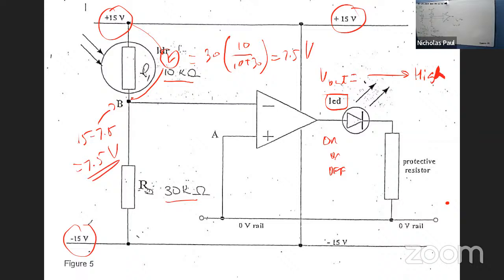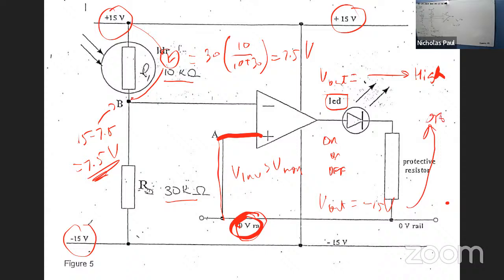So 7.5 is more than 0. So V inverting is more than V non-inverting, which is connected to 0. Therefore, the output will be negative 15 volts, which will turn it on.